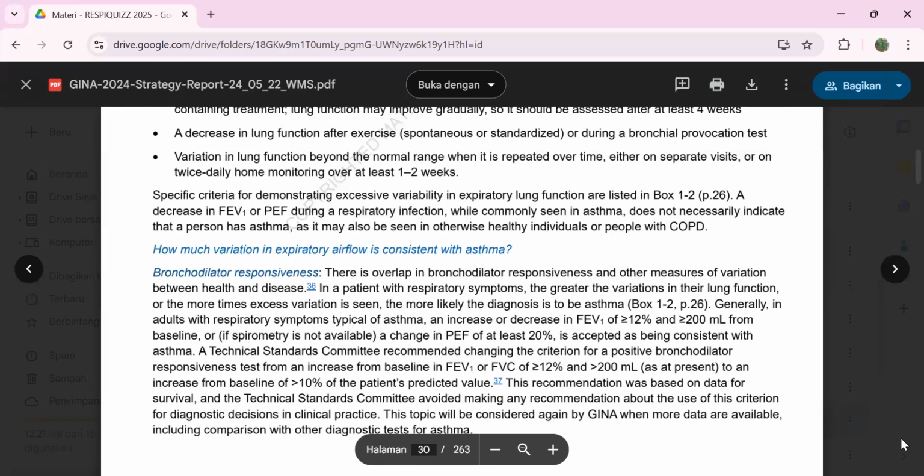A technical standard committee recommended changing the criterion for a positive bronchodilator responsiveness test from an increase from baseline in FEV1 or FVC of more than or equal to 12% and more than 200 milliliters, as at present, to an increase from baseline of more than 10% of the patient's predicted value. This recommendation was based on data for survival, and the Technical Standard Committee avoided making any recommendation about the use of this criterion for diagnostic decisions in clinical practice.